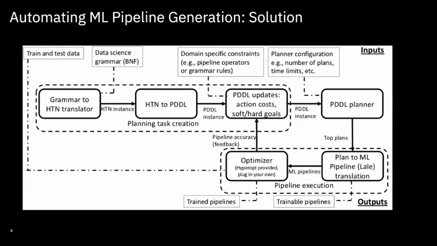And then we compile these soft goals away, obtaining again a classical planning model. We then can use top-quality and diverse planning to generate multiple plans, each post-processed into a machine learning pipeline. The pipelines are then trained on specific data sets, and their accuracy feedback is used to adapt the planning model.